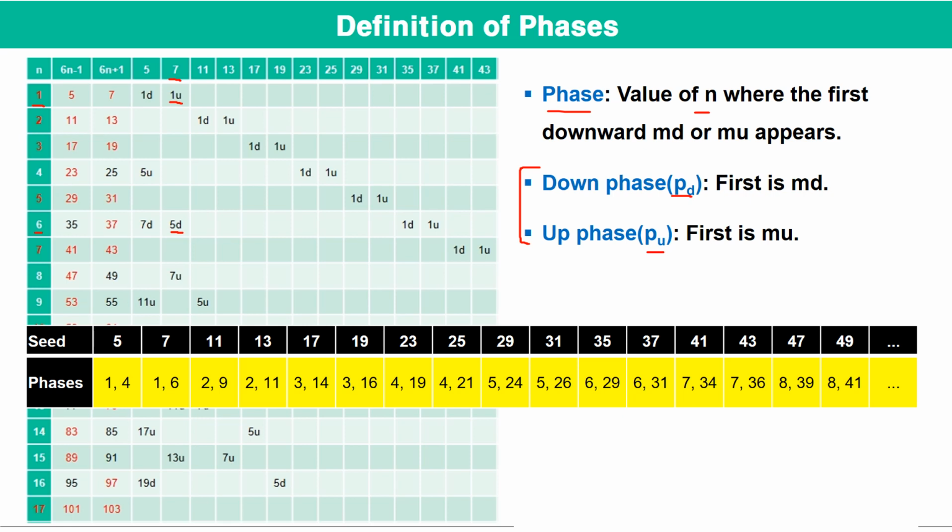For 11, 1D appears at 2, so the down phase is 2 and the up phase is 9. This table shows the phase patterns.